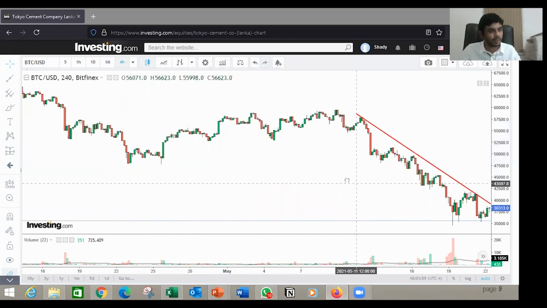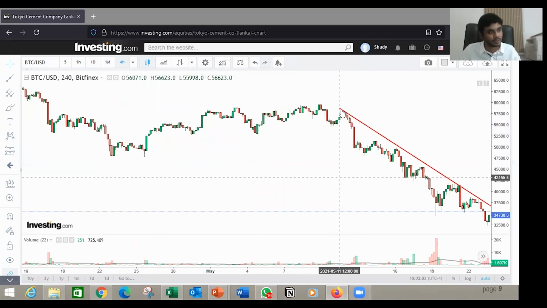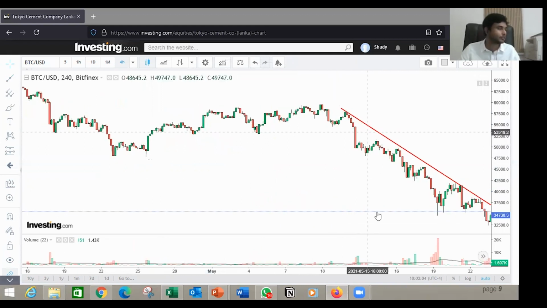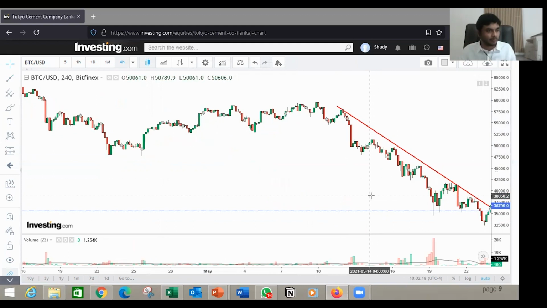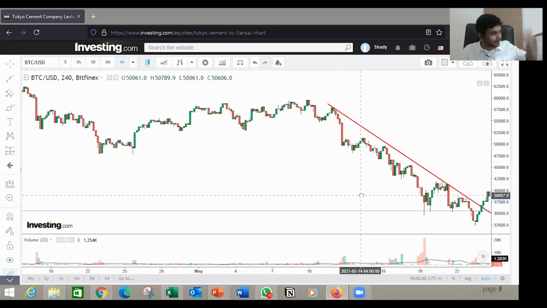So if you have taken these levels, based on these points you have identified this as a trend. If price maintains below that trend resistance, there is a chance that the market dip will continue. The direction of the price is to fall below that trend resistance. But then we can see the point where it starts to break above that trend resistance, and there is a shift.